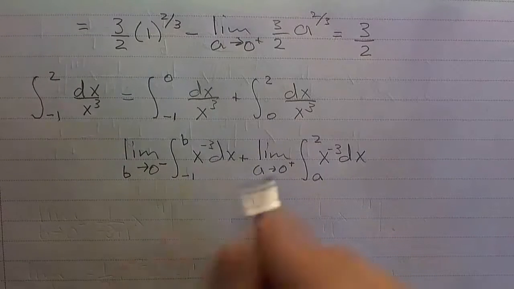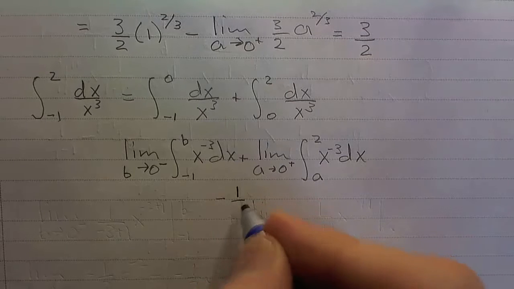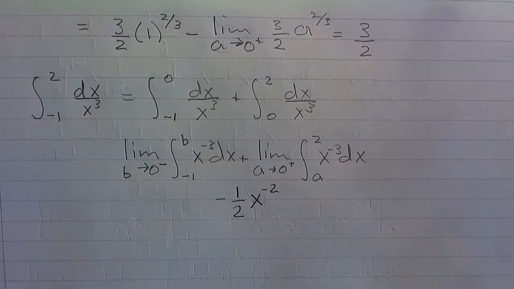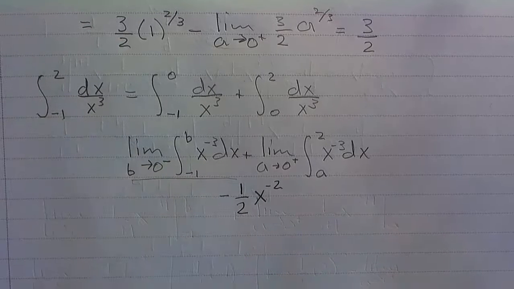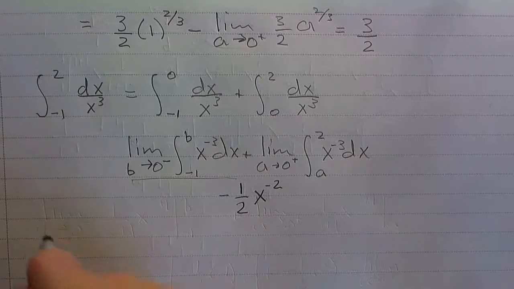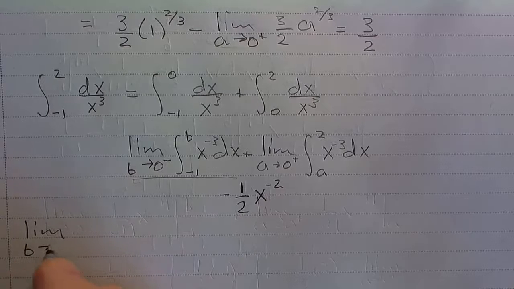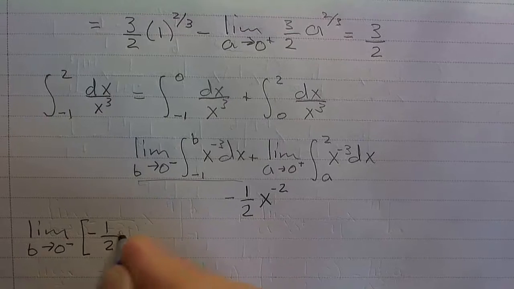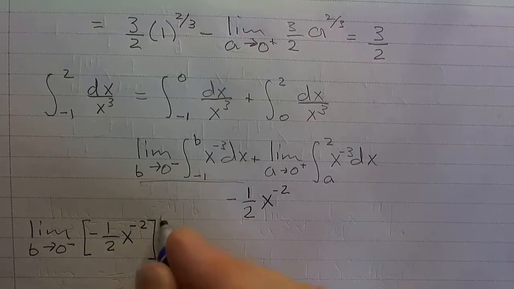Now what we've got to do is just evaluate these two improper integrals. Let me just get the antiderivative first. The antiderivative is going to be -1/2 x to the -2. So if you just go through there and find the antiderivative, that's what you would get. Now, let's look at both of these. For this first one, I've got the limit as b goes to 0 from the left of -1/2 x to the -2 from -1 to b.